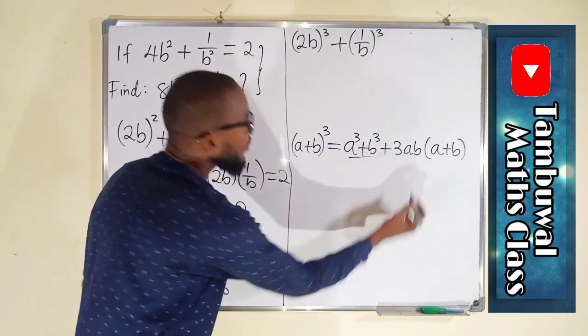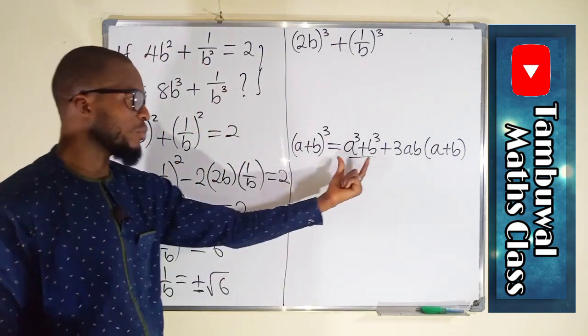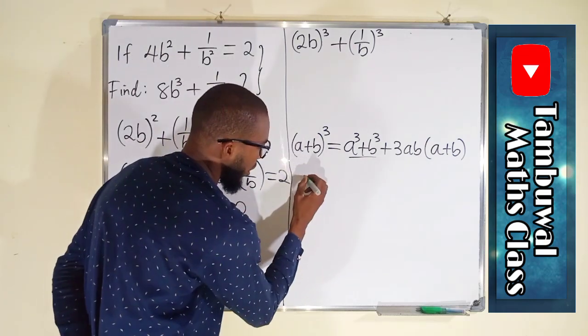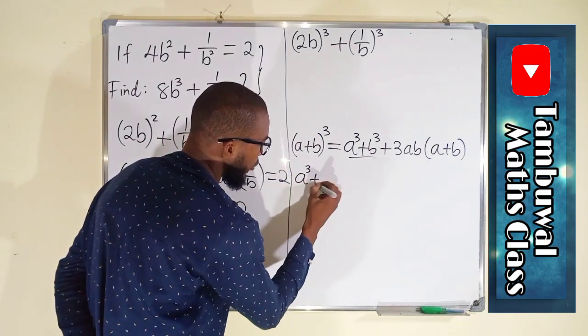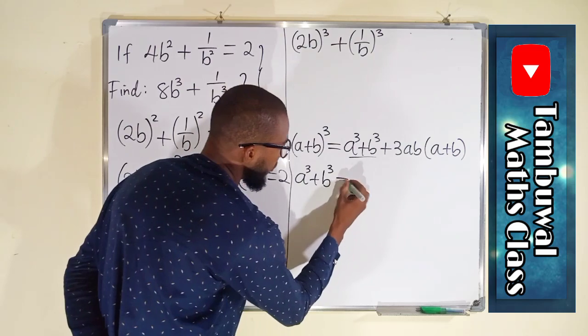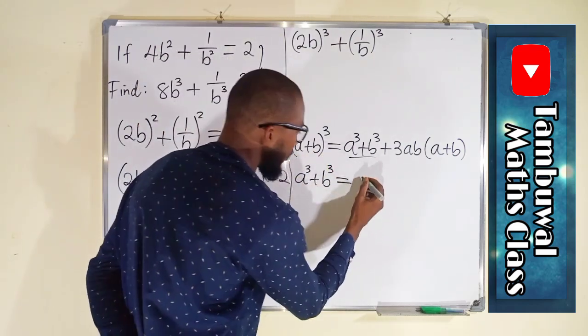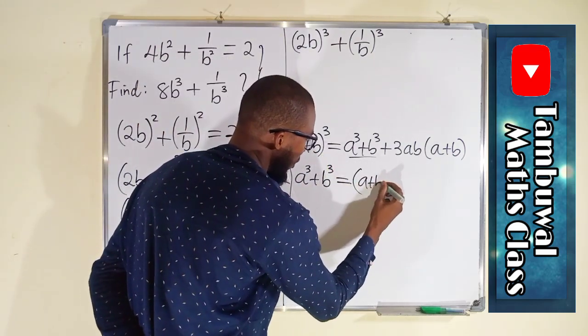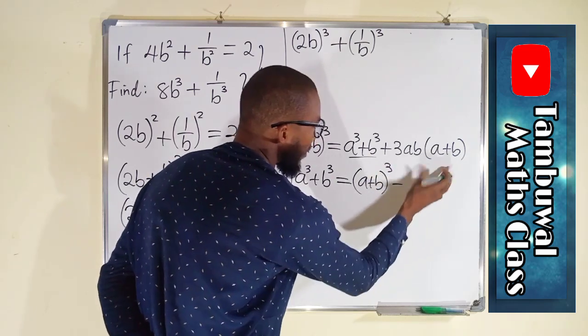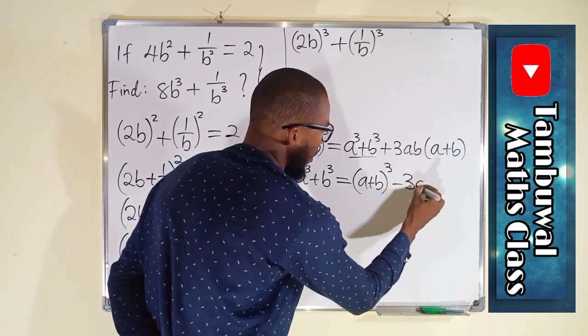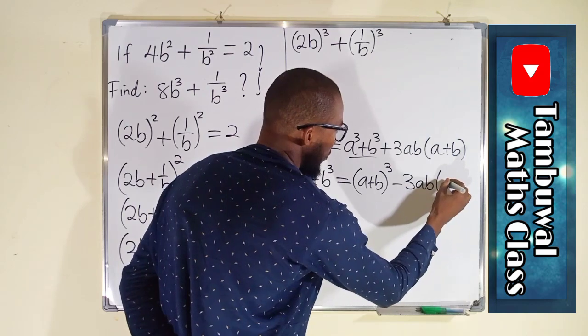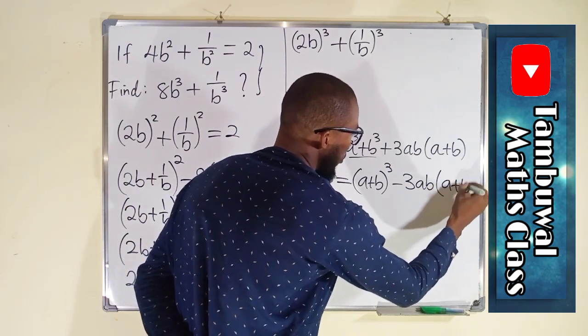But this is sum of two cubes. Let us make them the subject here. We have a cubed plus b cubed. This will be equal to a plus b to the third power, then minus 3ab multiplied by a plus b.